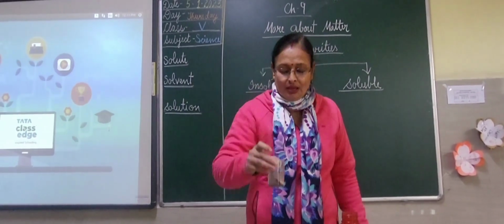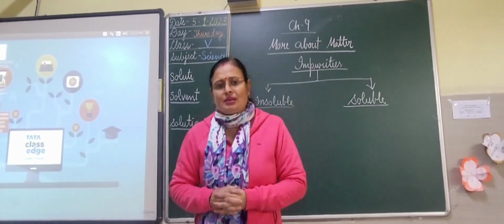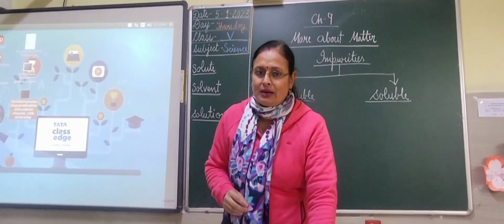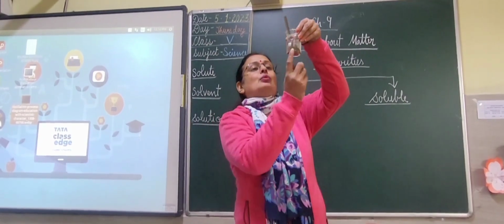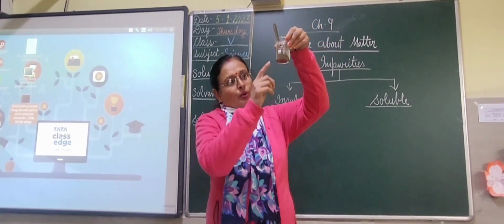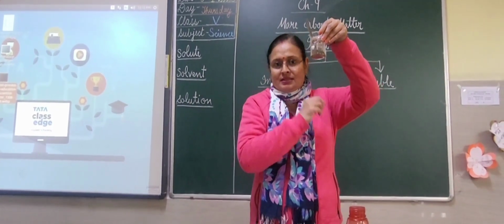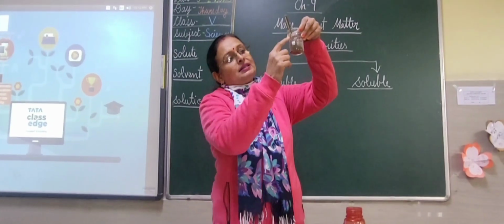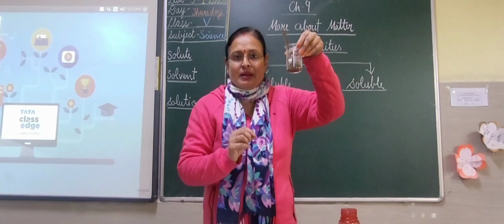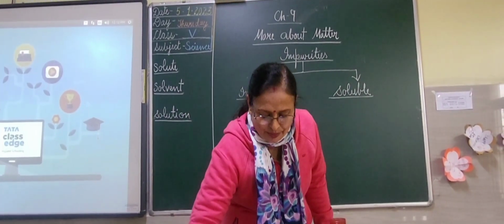So first of all I am going to keep it in a proper place. After some time you can observe the bigger particles are settled down at the bottom of the flask. These particles, when they are settled down, are known as sediments. The particles that are settled down at the bottom of the flask are known as sediments, and the process is known as sedimentation.